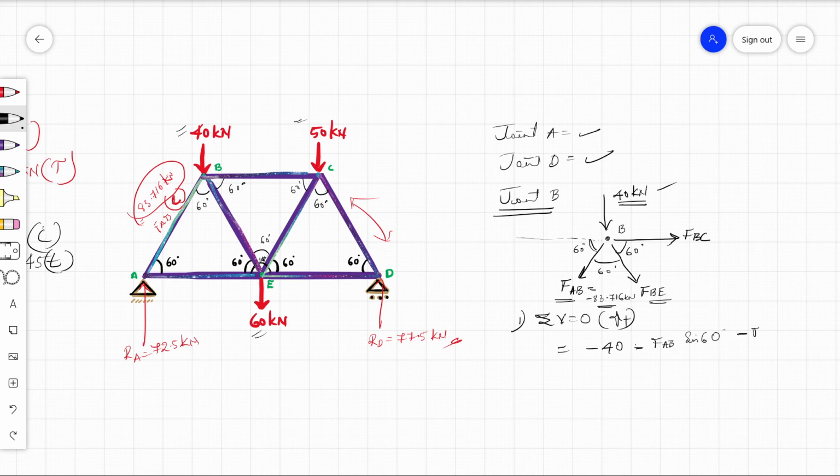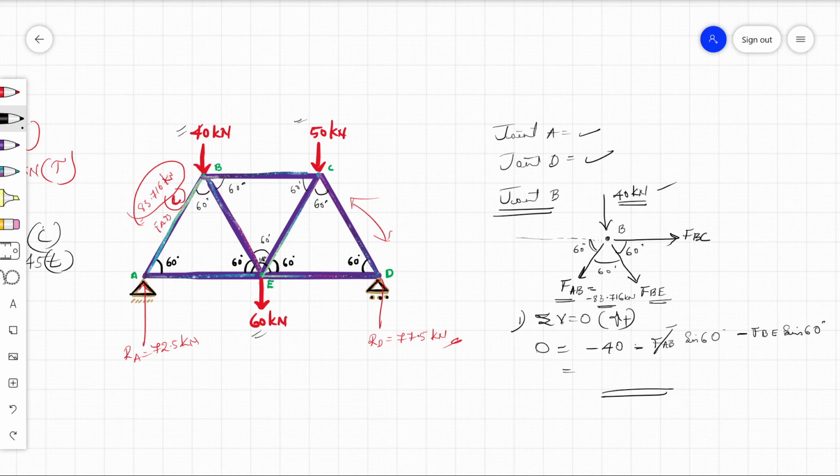And FBE sine 60 degree, the same. Just make sure your sine and cos is clear. So everything comes in negative, and that is equal to 0, summation of all the vertical force is equal to 0.